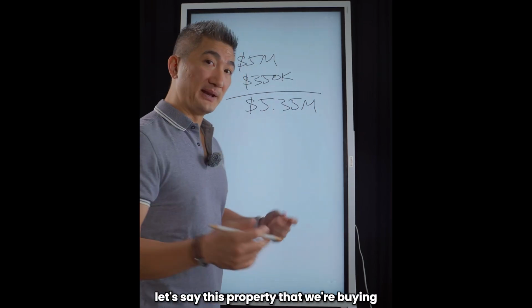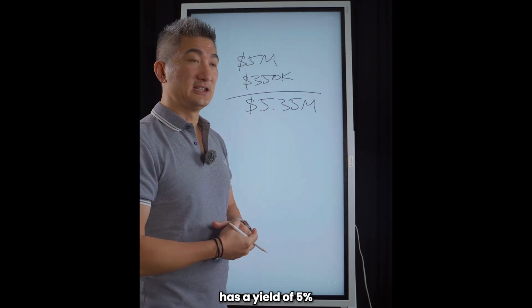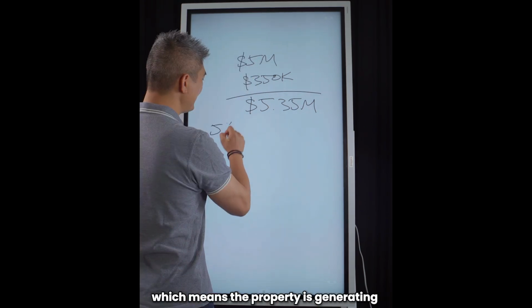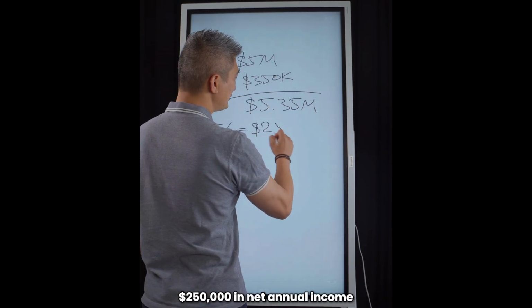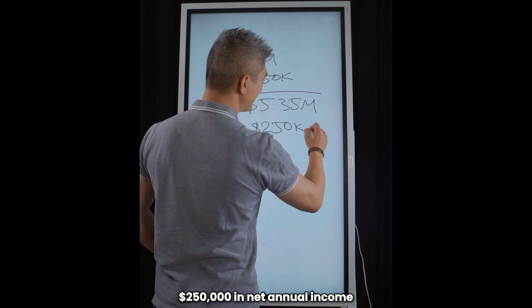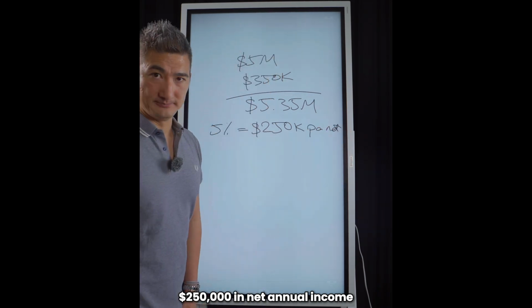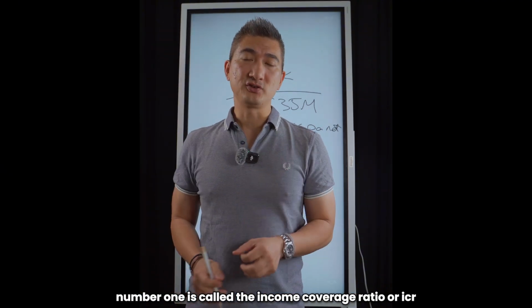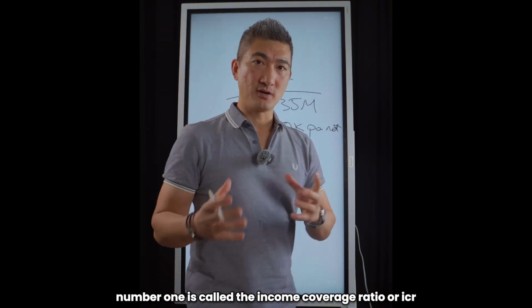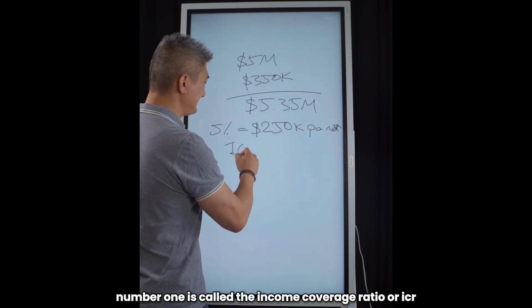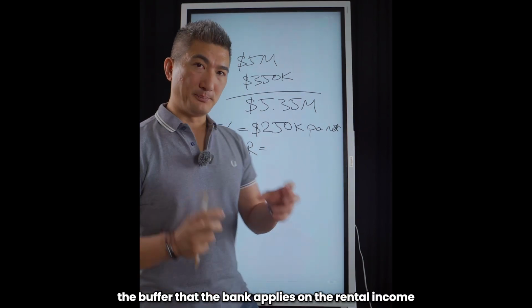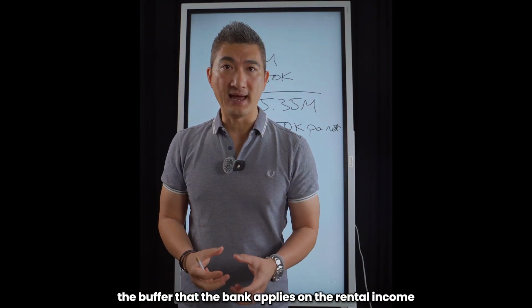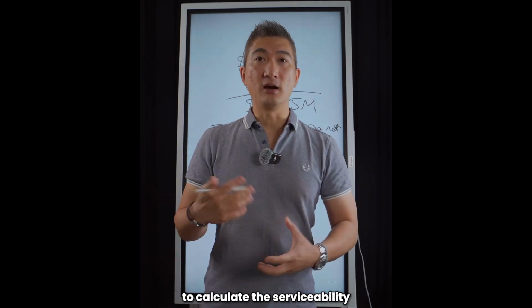Let's say this property that we're buying has a yield of 5%, which means the property is generating $250,000 in net annual income. Typical banks will apply two metrics to the income. Number one is called the income coverage ratio, or ICR. That's basically the buffer that the bank applies on the rental income to calculate the serviceability.